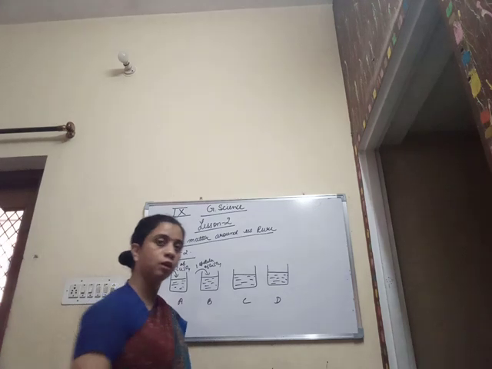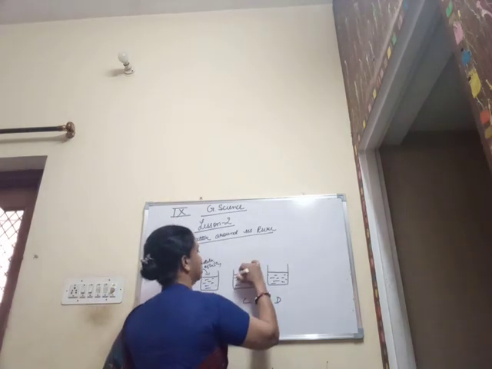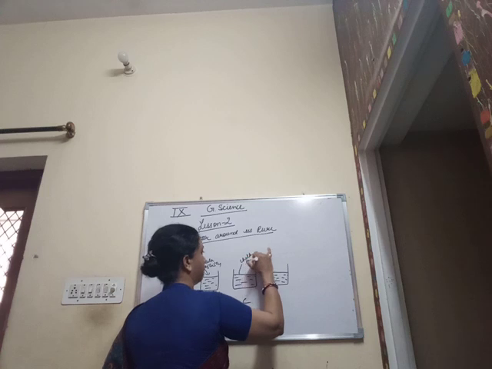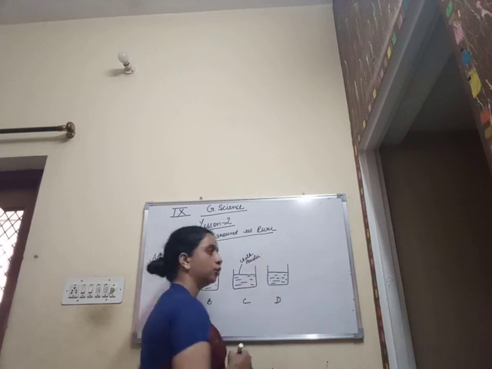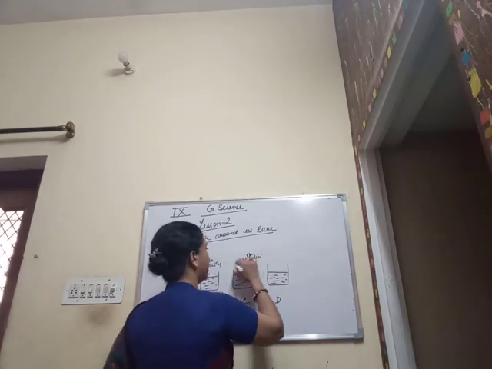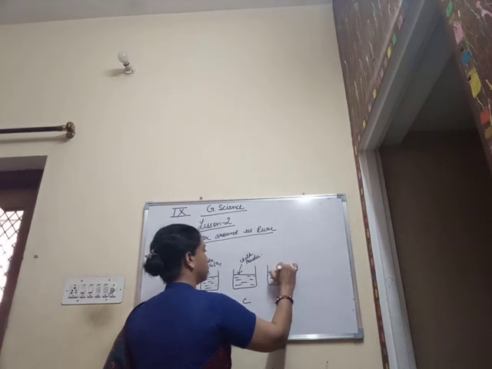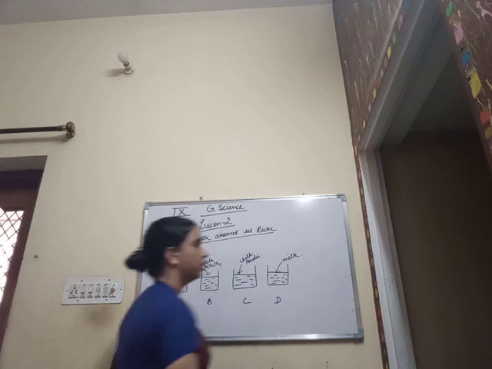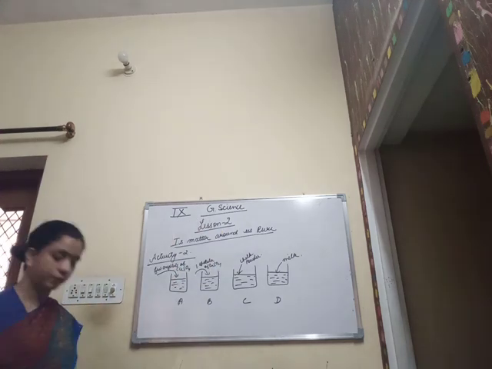In beaker C we are going to put chalk powder, and in beaker D we are going to add milk. Now what do we observe?